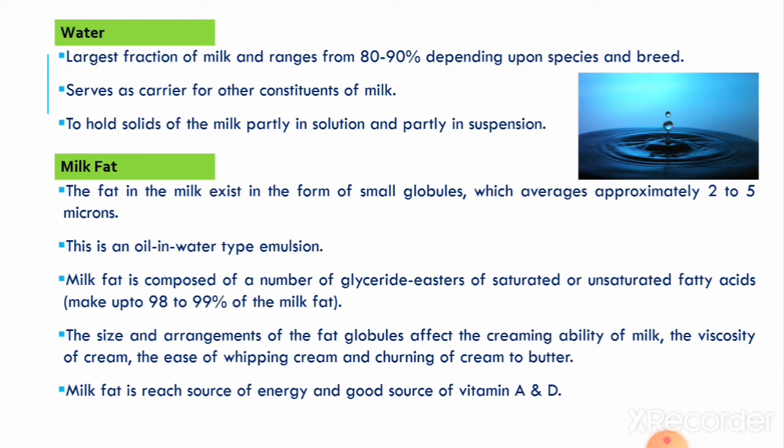These make up 98 to 99% of the milk fat. The size and arrangement of the fat globules affect the creaming ability of milk, the viscosity of cream, the ease of whipping cream and churning of cream to butter. Milk fat is a rich source of energy and a good source of vitamin A and D.